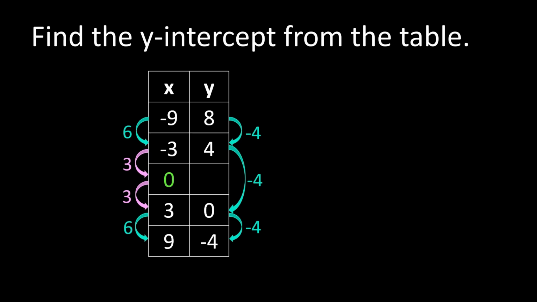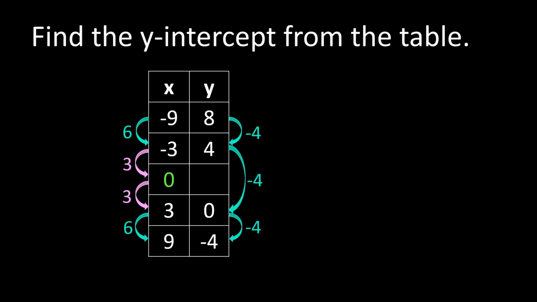Now, if my x value of 0 fell halfway in between the points on either side of it, the y value is also going to be halfway in between the y values on either side of it. So my y-intercept, where x is 0, that y value is going to be halfway in between 4 and 0.